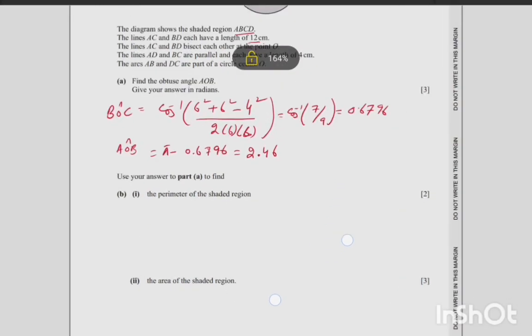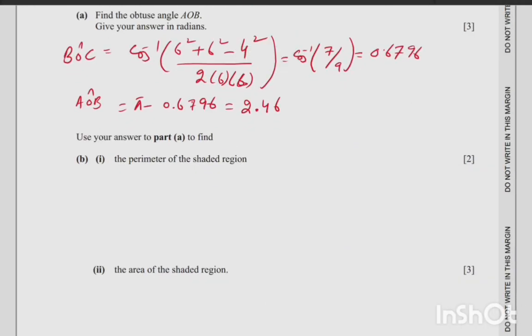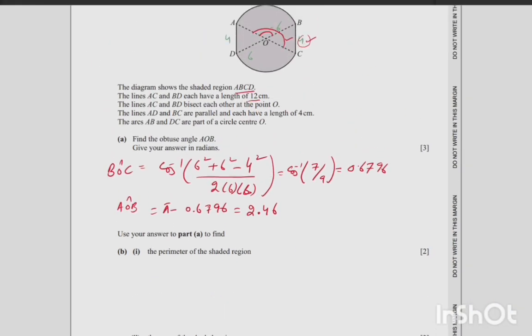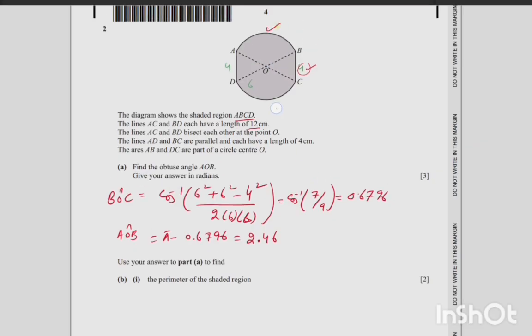Now the second one: here we have to use the answer of part 1 and find the perimeter of the shaded region. What is the shaded region? The perimeter of the shaded region is this one, this one, this one, this one. So first of all, we know 2 times 4 is 4 because it is 2 times, here and here. Now what is this? Dear student, it's a very simple thing.